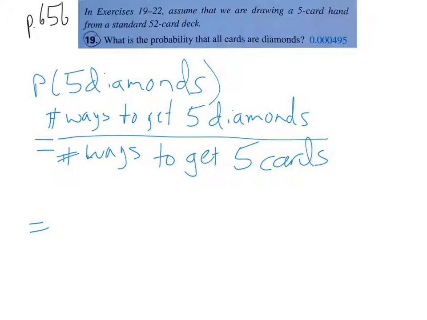So we're going to have to think back to chapter 12 and figure out if we can use a combination or permutation for this. And if we're going to do a combination or permutation, we need to know if order matters. So let's think about when you draw 5 cards in your hand, does order matter? I told you, when you're trying to figure out if order matters, picture a hand of 5 cards, and then picture yourself rearranging your cards in your hand.